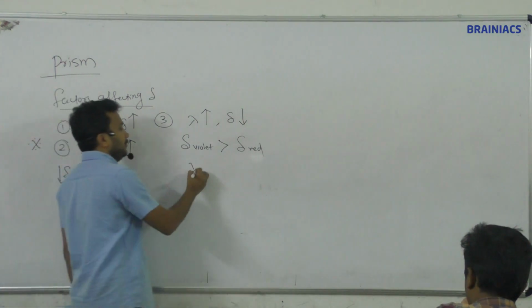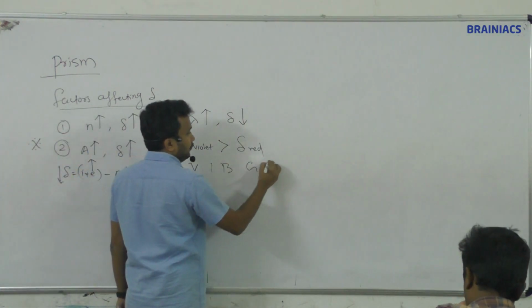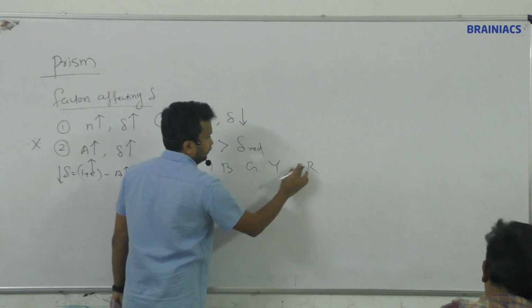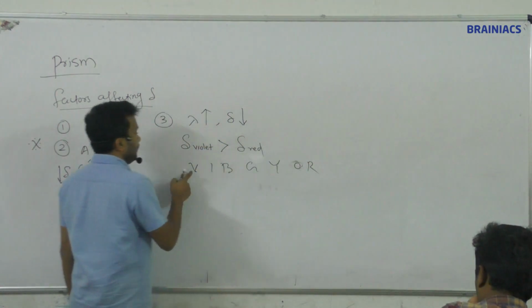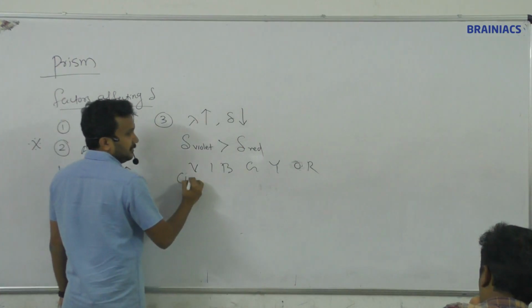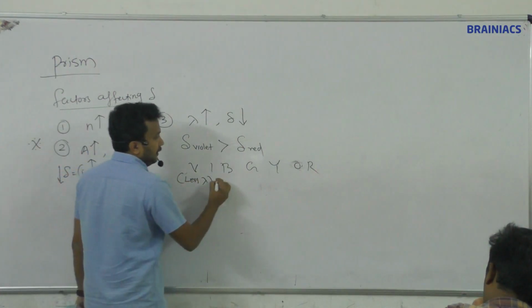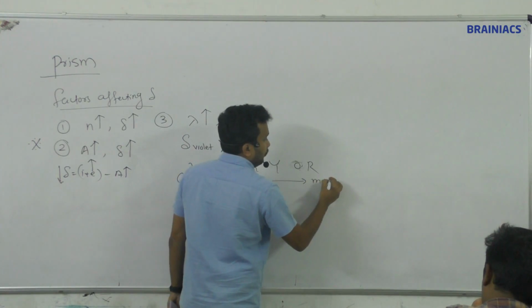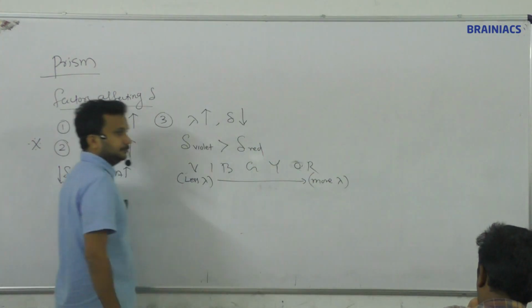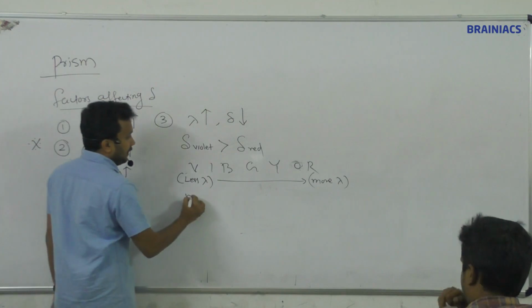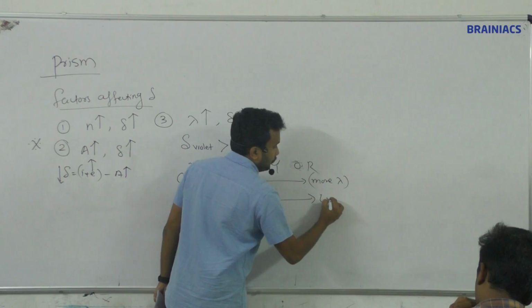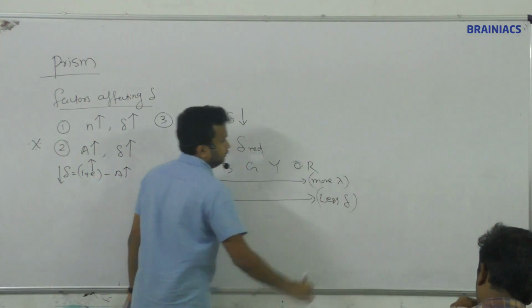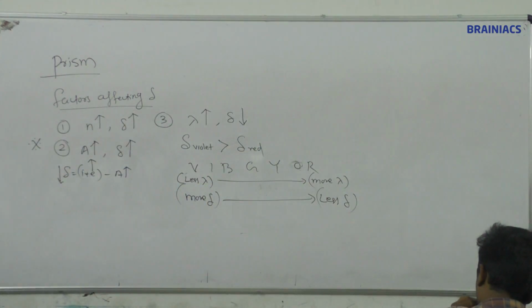If you write VIBGYOR, less wavelength, less lambda, increases to more lambda. Here, more delta decreases to less delta, according to the color variations.